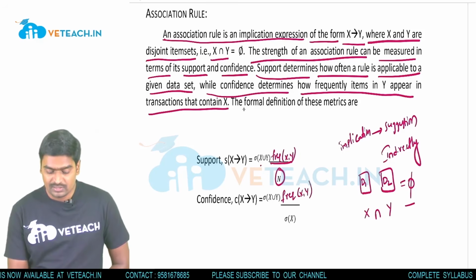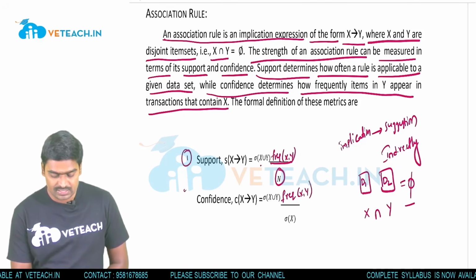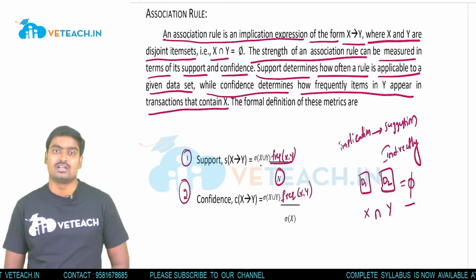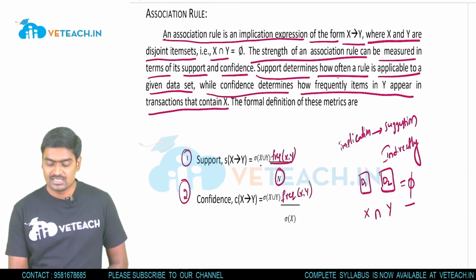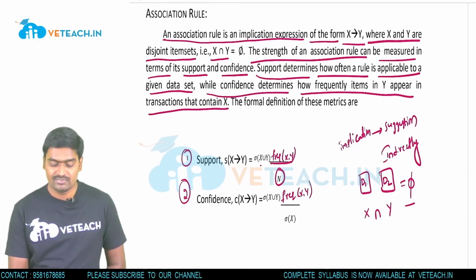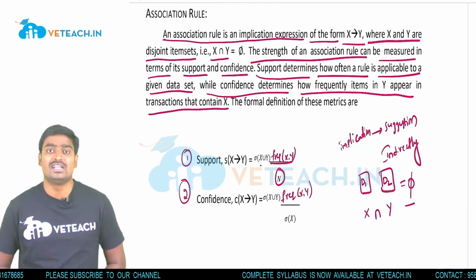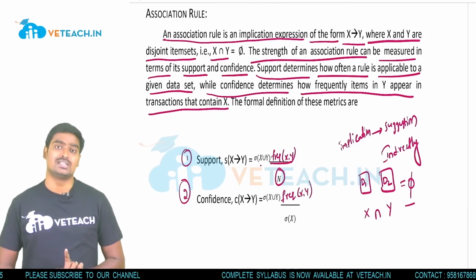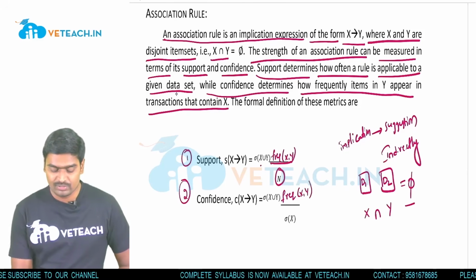So there are two different parameters: one is support, another one is confidence. Support determines how often a rule is applicable to a given data set.